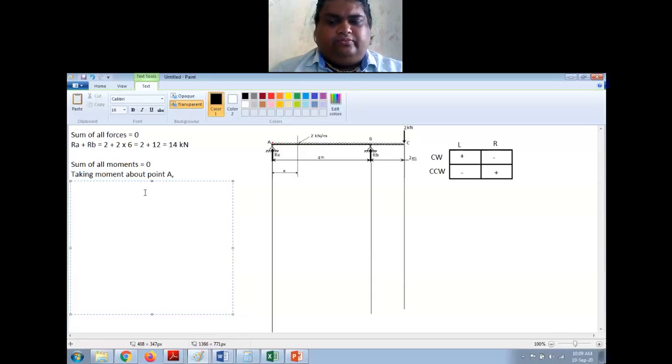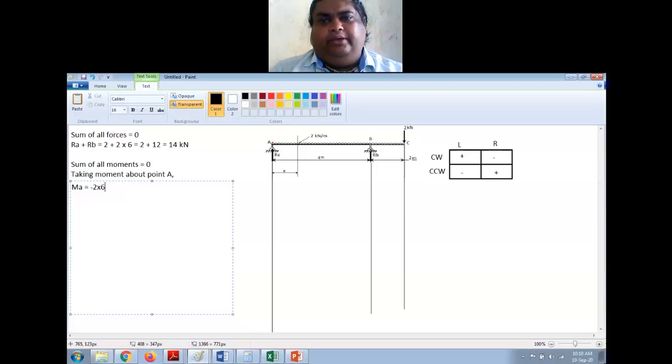I am repeating these things again and again in every numerical so that if somebody has missed, they will be able to understand. So MA is equal to minus this force is 2 kilonewton into perpendicular distance is 2 plus 4, that is 6.